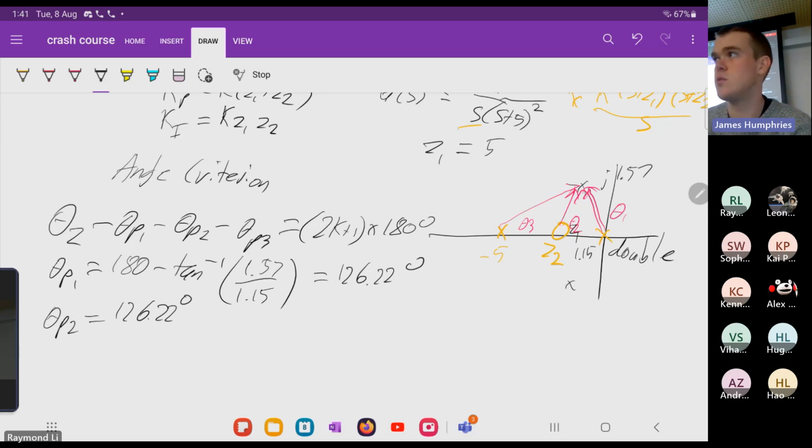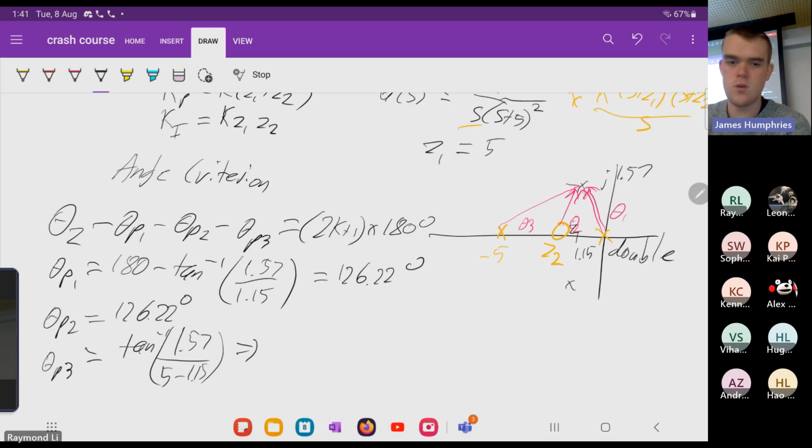Happy with that? Cool. And then pole 3 is not going to be that angle, because we can see it's less than 90 degrees. So this is going to be the tan inverse of 1.57 over 5 minus 1.15, which gets you 22.18 degrees.